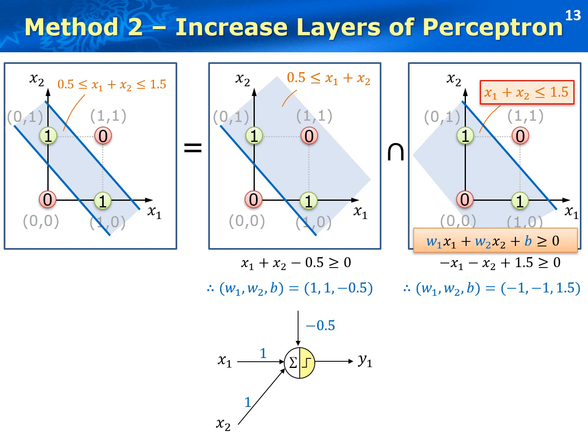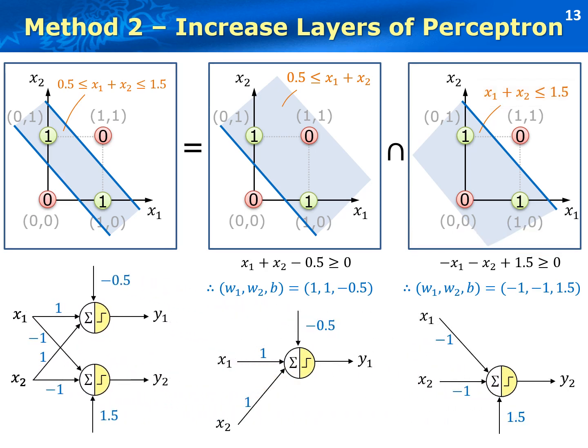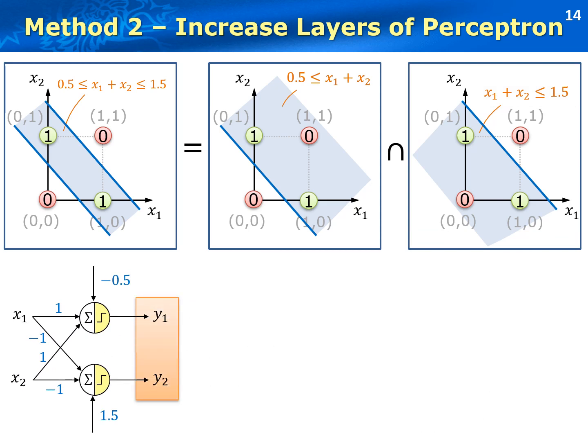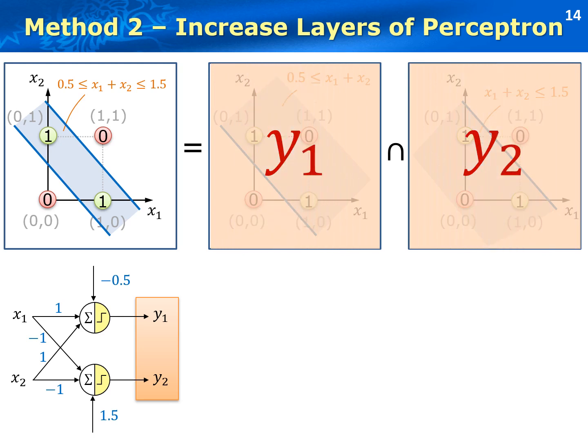This produces the following perceptron for the NAND gate. We see that both perceptrons have the same inputs x1 and x2. Thus, we merge them into this neural net, whose outputs are y1 and y2. Here, y1 is the output of the OR gate, and y2 is the output of NAND gate.